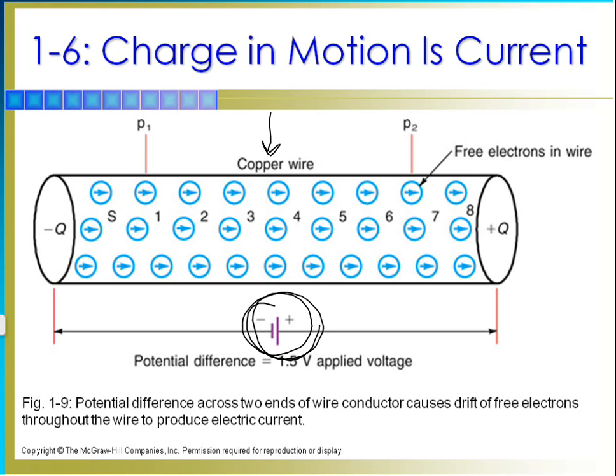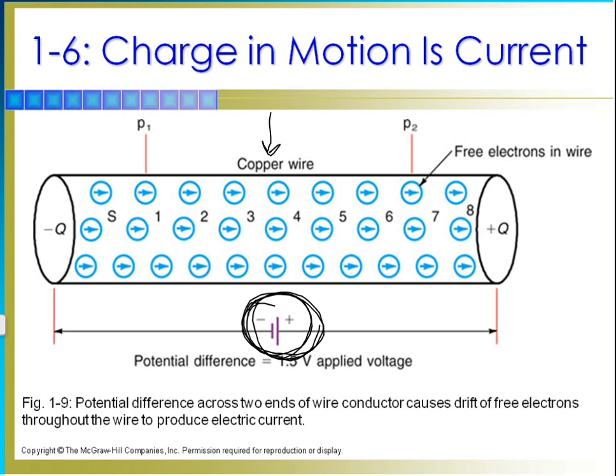Now what do we know about copper? Copper can throw off electrons very easily. You just need the force to do it. This potential difference, or the voltage, is the force to do it. What do we also know about charges? Like charges repel, difference in charges attract.